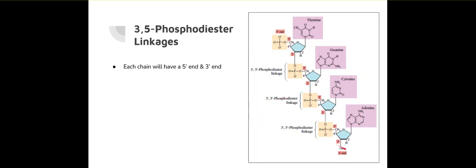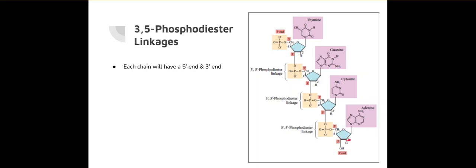So the way these chain together is through what are called 3',5' phosphodiester linkages. The reason for that is it's the phosphate that connects the two sugars and forms this chain. So we have a base here. In this example, it's adenine.